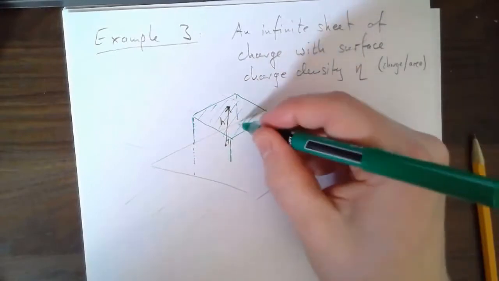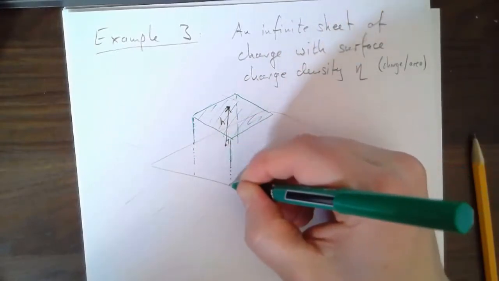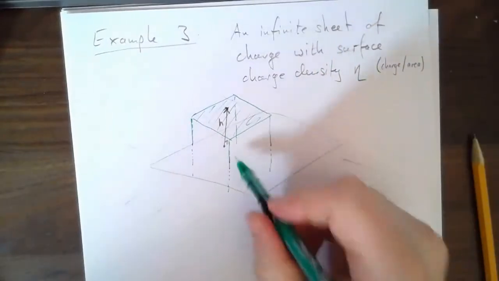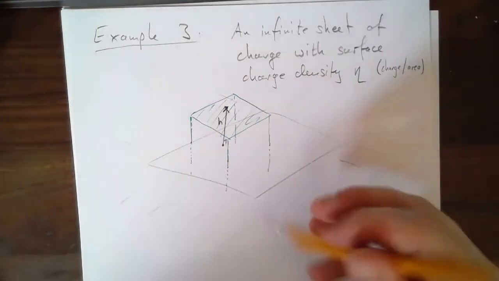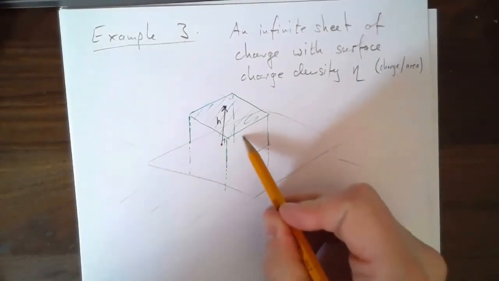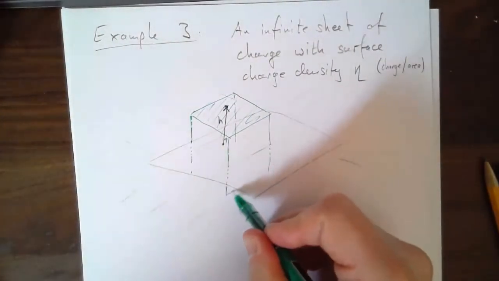It's really hard to draw. It hits the sheet, and then it goes underneath. Right, you can sort of see what I'm trying to do there. This is where it hits the sheet. Then it's connected up underneath.